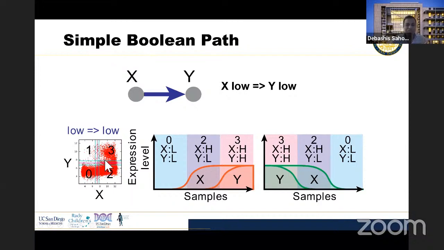You can't say 0 3 2 because that's changing two variables at a time. So we assume that maybe the natural progression happens when one thing changes at a time. Assuming that, you can say that either X changes first or Y changes first. And this happens in both directions. Either they go up or down. We don't really know because this doesn't give you the direction of normal to disease or disease to normal, right? That happens from the labels.